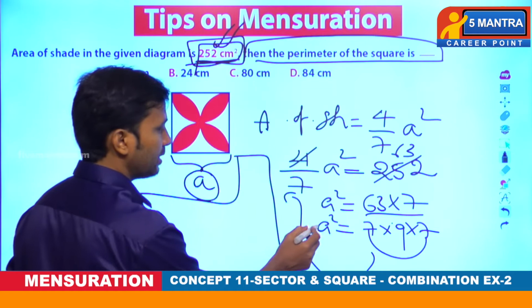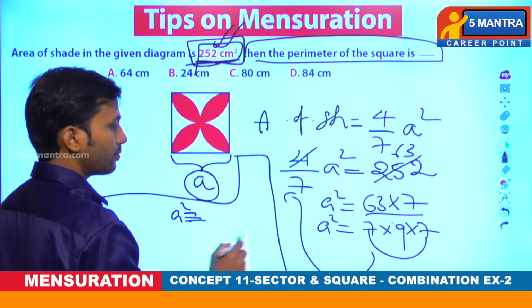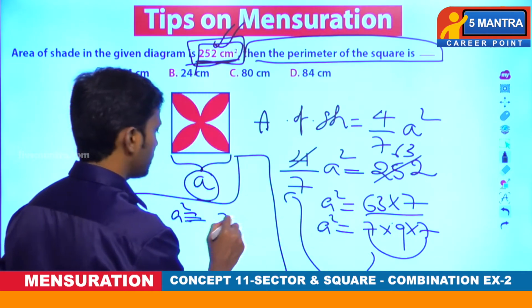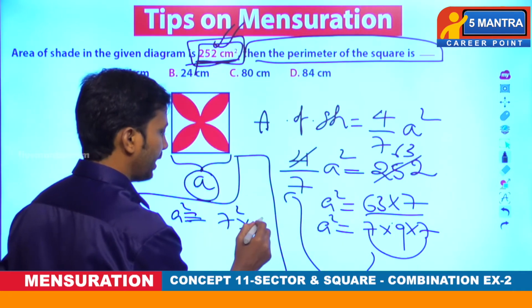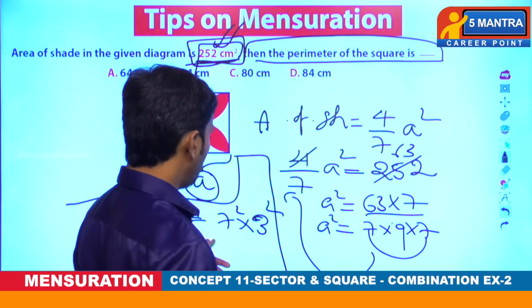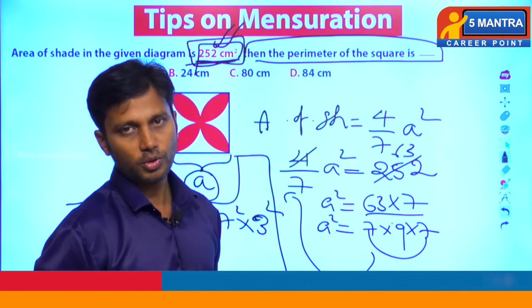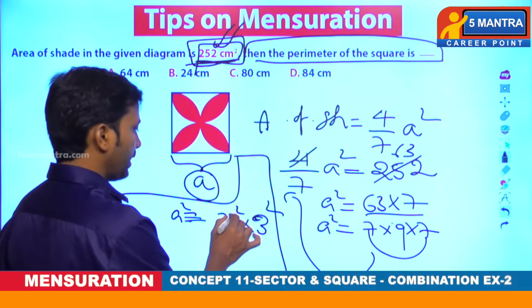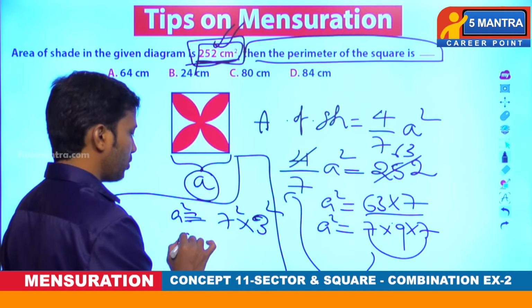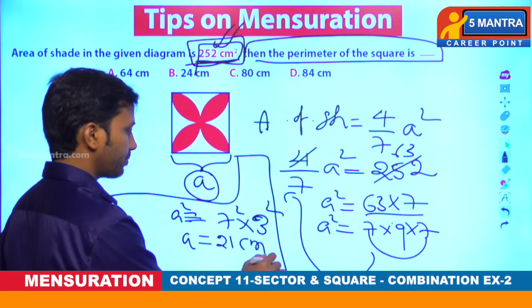Now 7 into 7 would be, again I am showing you here. Now tell me what it is. A square equals 7 into 7, 7 square, and 9 can be written as 3 square. So A square equals 7 square into 3 square. Applying the square root on both sides, definitely the squares get cancelled on both sides, and this would be 7 into 3, that is 21 centimeters.